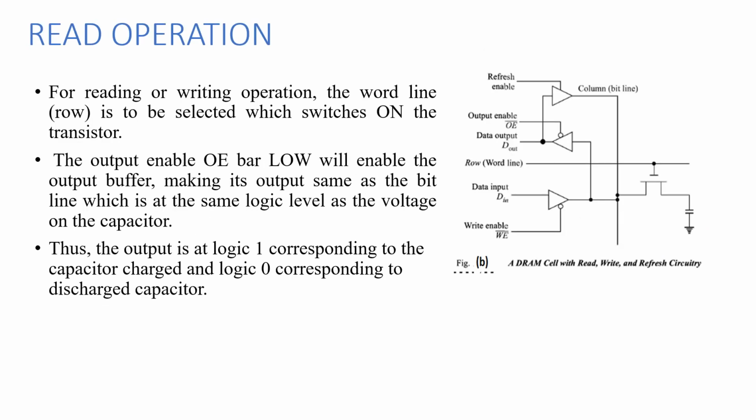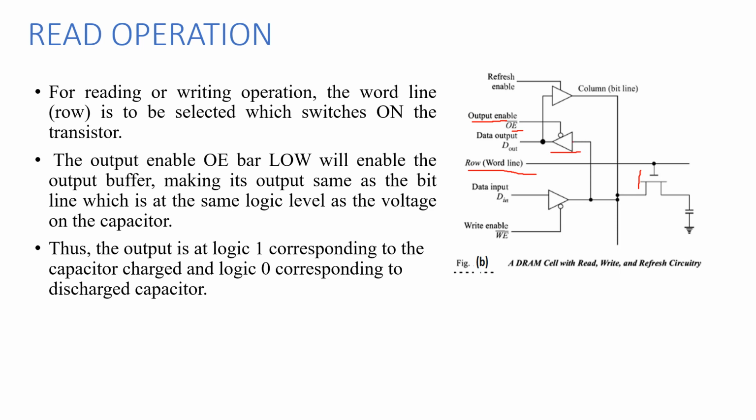Now let us see how the read operation is carried out in DRAM. For reading and writing operations, the word line is to be selected, which switches on the transistor. The output enable bar, OE bar, is always kept low. OE bar low means OE is logic 1, which enables the output buffer.